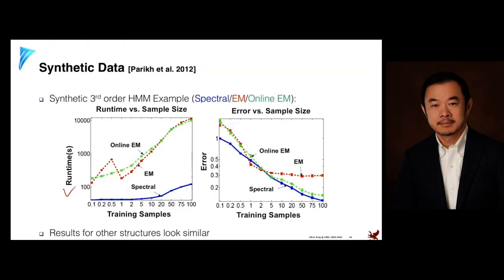Otherwise, it gets stuck in some very bad local minima. Therefore, at a small sample size, the spectral algorithm does better, not only faster but also better. With more and more examples, the EM algorithm picks up and starts to do sometimes even better than, or as good as, the spectral algorithm, when EM sees more examples and gets a greater statistical efficiency.